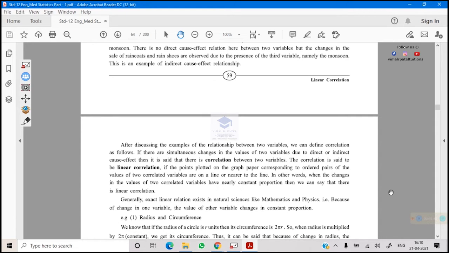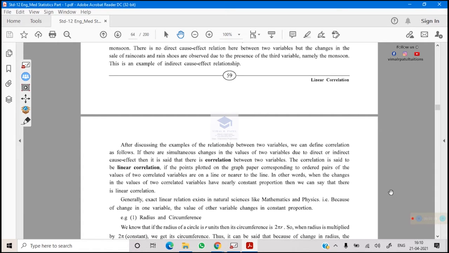Amount of rainfall and production of crop. Rainfall increases, crop production will also increase. Number of hours put in your studies and marks you obtain in your examination. So there has to be some relationship between these types of variables which will lead to change in one variable due to change in the other variable.